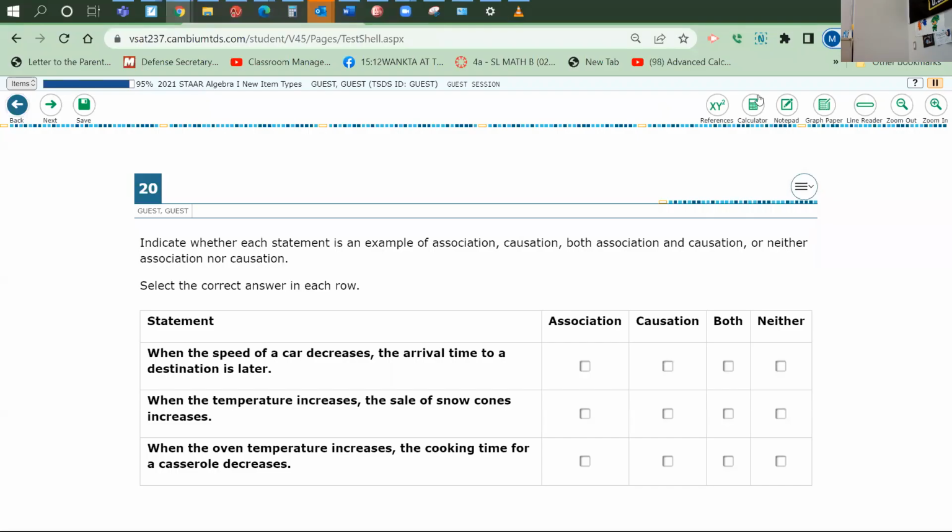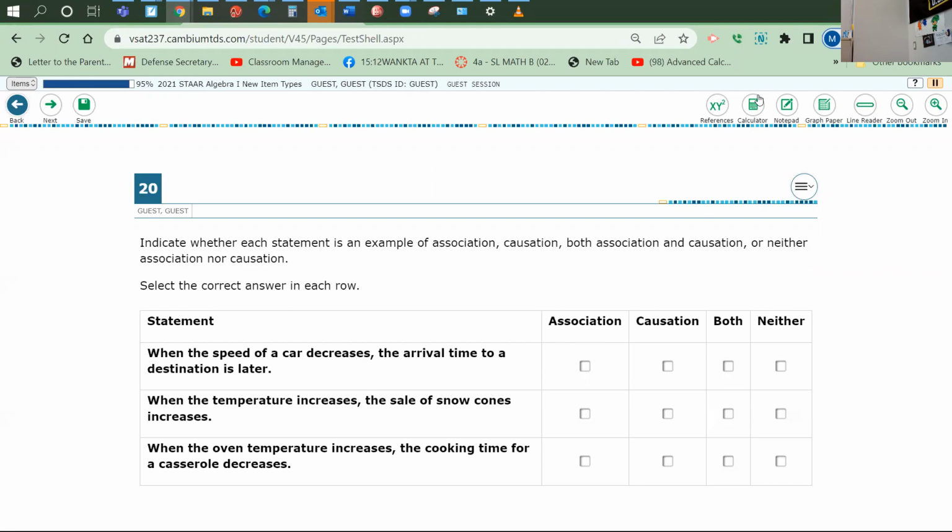All right, number 20, guys, let's go back and look at this. It's kind of, I won't say a hard concept to understand, but it's a new concept: causation and association. Causation is when there is a direct link between two items. For instance, look at the first one. It says that when the speed of a car decreases, the arrival time at a destination is also later.